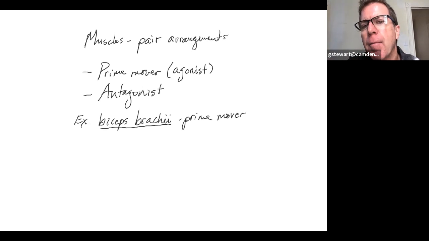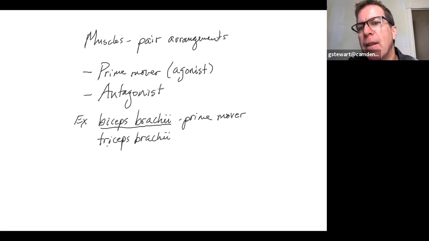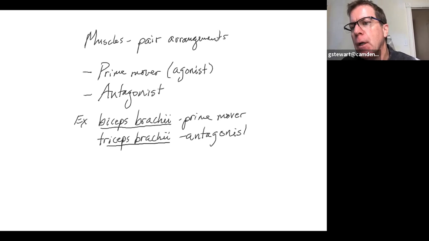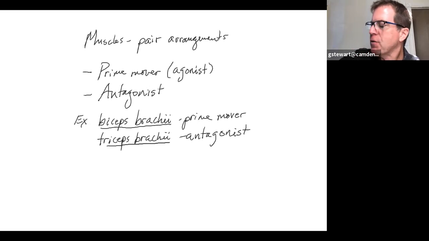At the same time, on the posterior side of your upper arm is a muscle called the triceps brachii. During prime moving, the antagonist gets stretched and sort of opposes the movement of the prime mover. So just imagine when you bend your arm at the elbow, the biceps brachii bulges because that's pulling on your forearm.